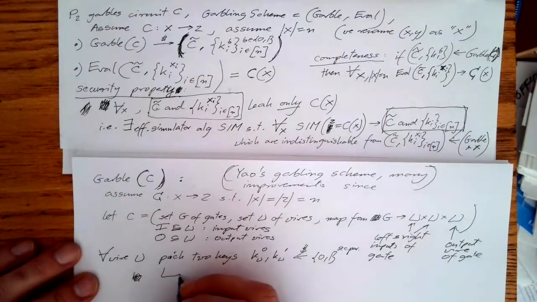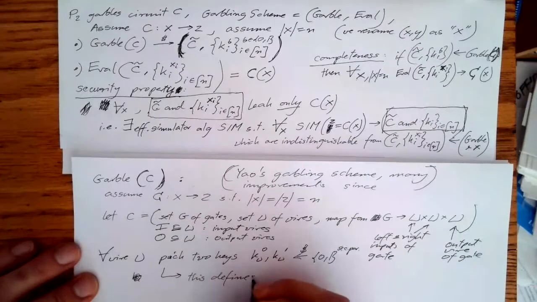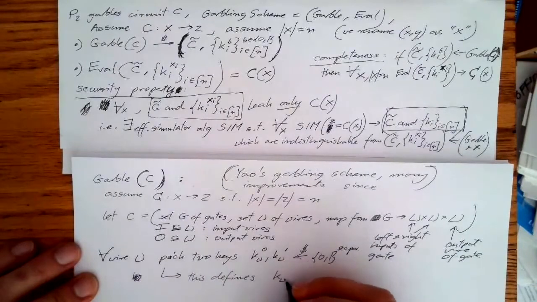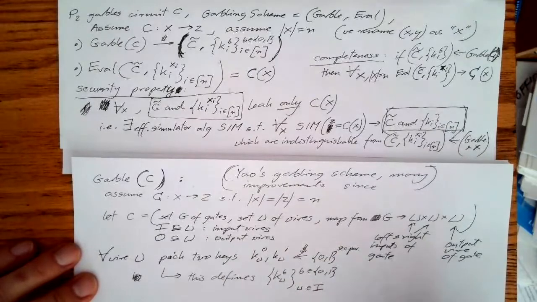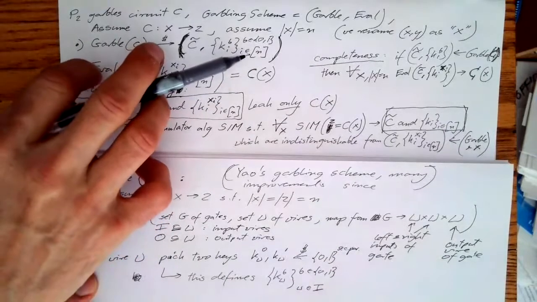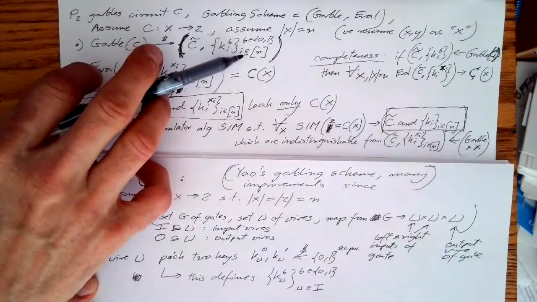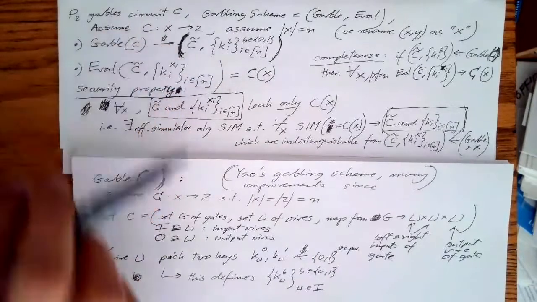So this defines a set K_W^b for every bit, and every W which is in a set of input wires. I just index them from 1 to n in this notation.